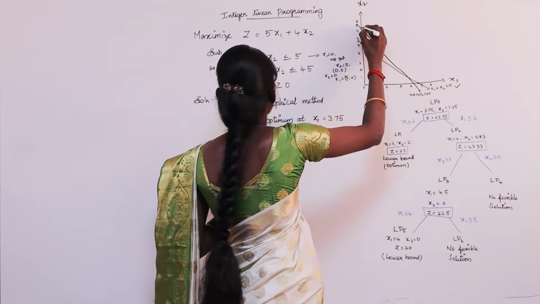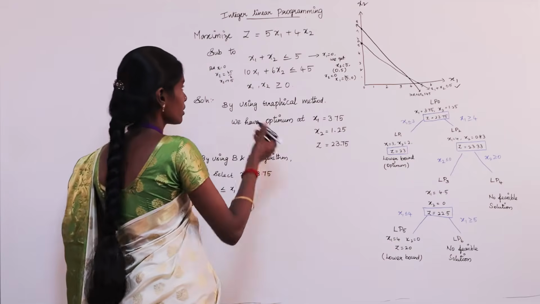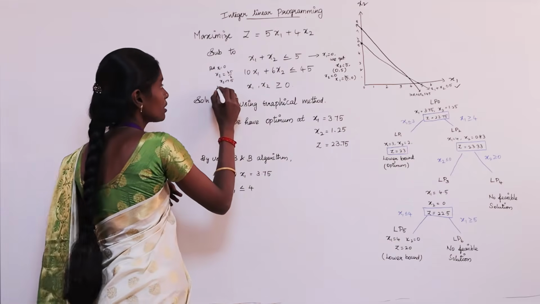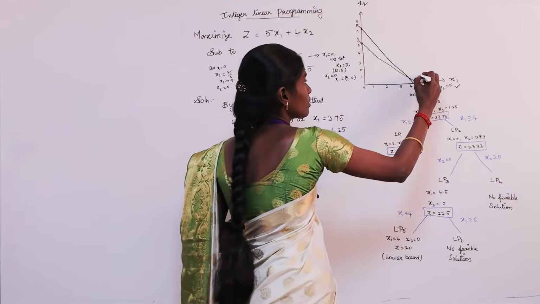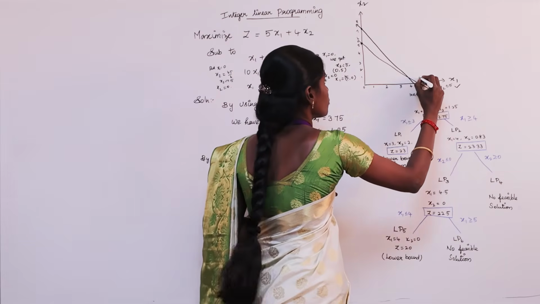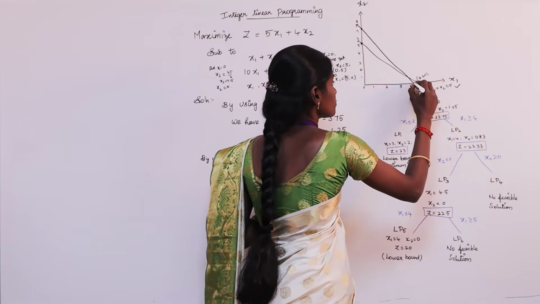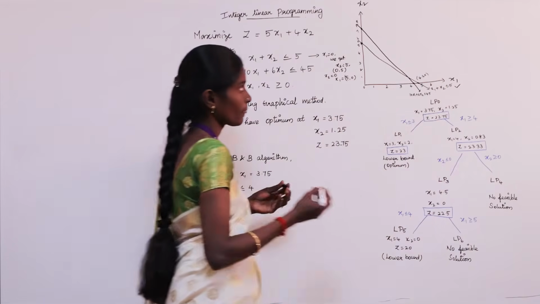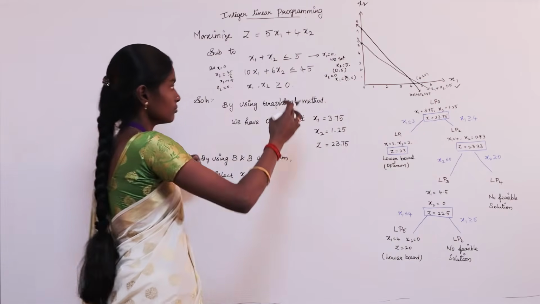So 0, 7.5. In the same way, we put x2 equal to 0. Then we have 4.5, 0 here. Now we have found the feasibility region.